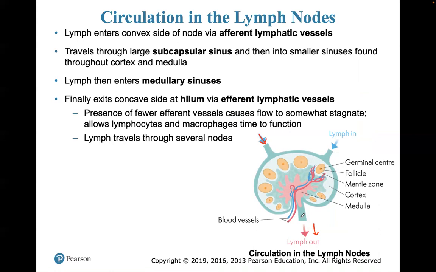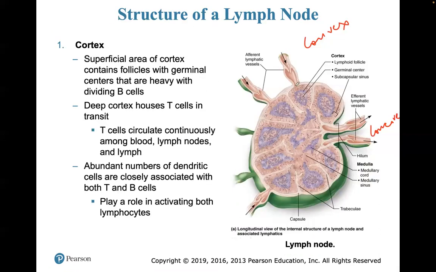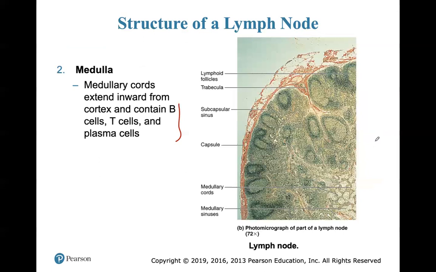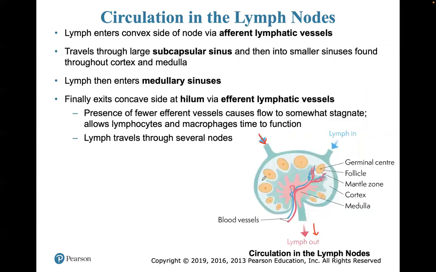Now, one thing you will see is that there are more afferent vessels than efferent vessels. So the exit is less than the entry of lymph. There are more afferent vessels, which are the entry points, compared to the efferent vessels, which are fewer. So what happens, because there are more entry points compared to exit points, is that the lymph stagnates within the lymph node itself.